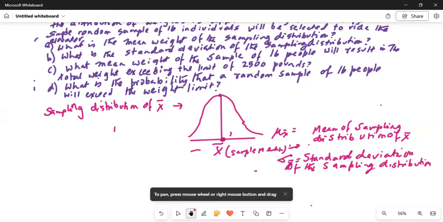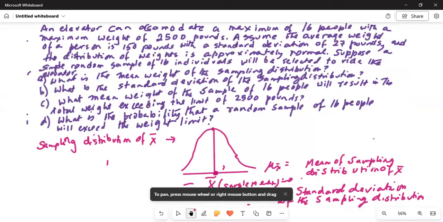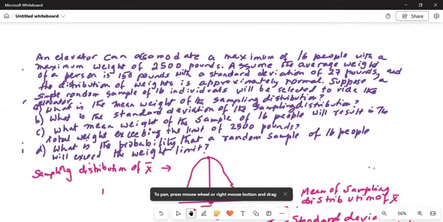If I may draw your attention, it says assume the average weight of a person is 150 pounds with a standard deviation of 27 pounds, and a simple random sample of 16 individuals will be selected, and the distribution of weight is approximately normal.